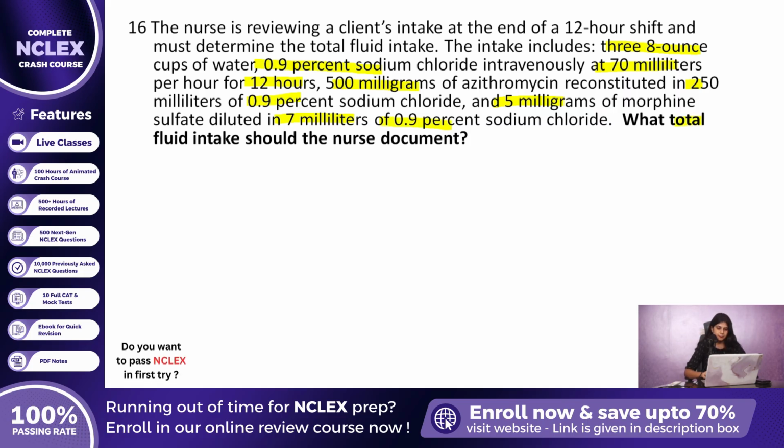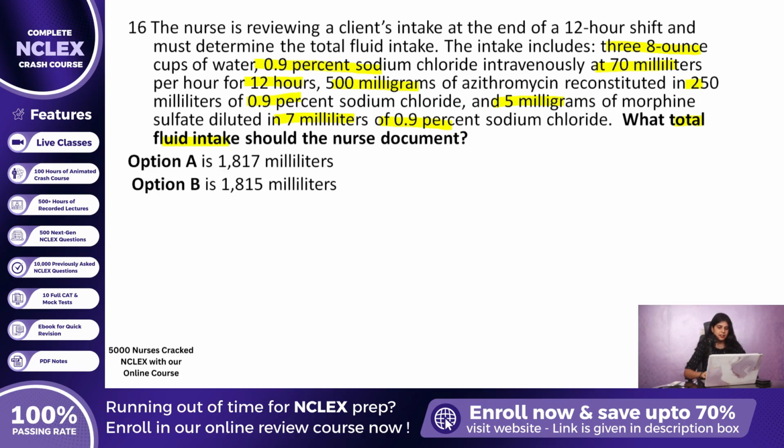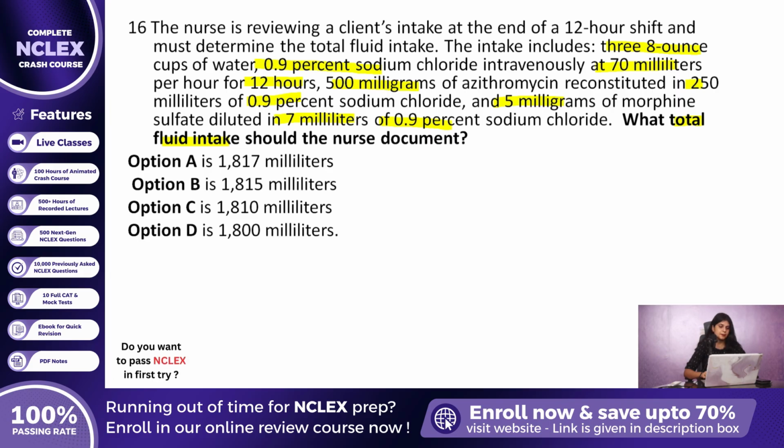The question is, what total fluid intake should the nurse document? Here are the options. Option A is 1,817 milliliters. Option B is 1,815 milliliters. Option C is 1,810 milliliters. And option D is 1,800 milliliters.